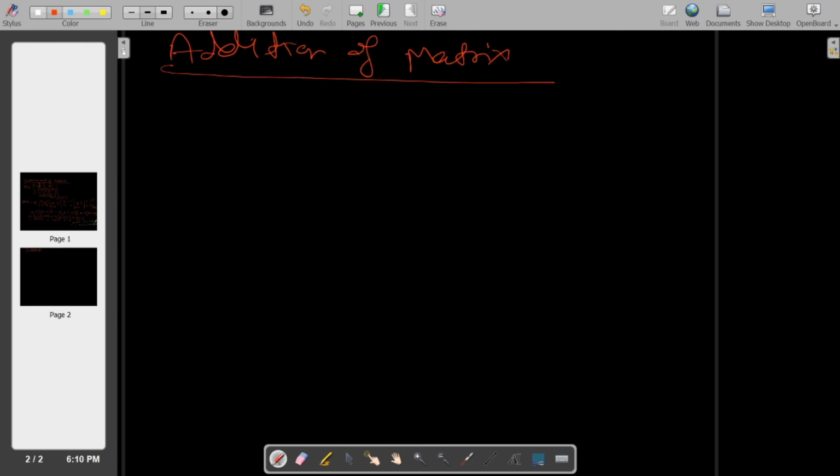The property here is, can we add any matrices? The property is that addition will happen if both matrices are of the same order. Same order means, let's see, when we have 2 plus 4 minus 7, the order here is 1 cross 2, and here it is 2 cross 1.